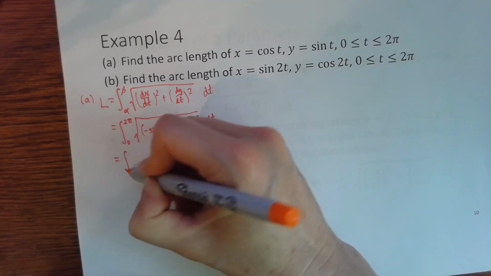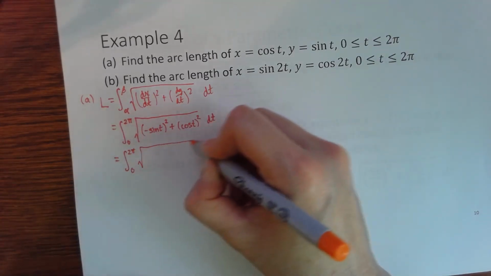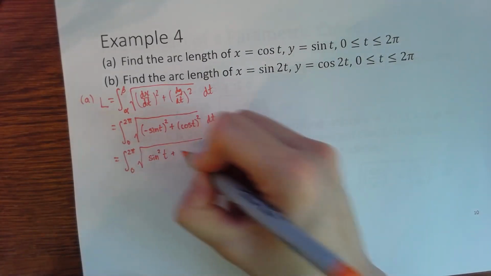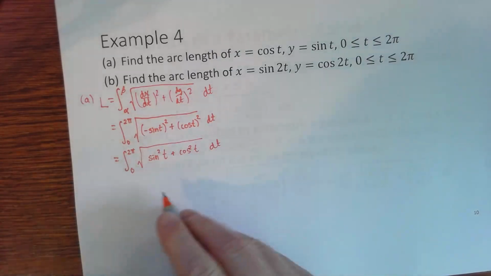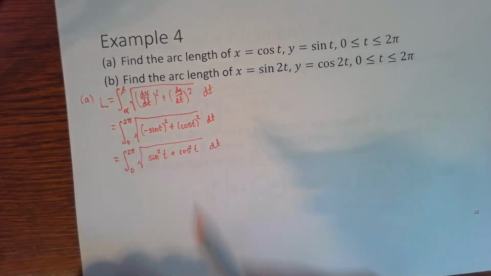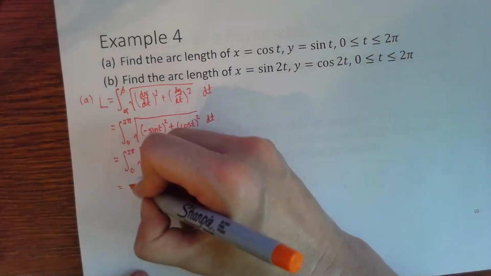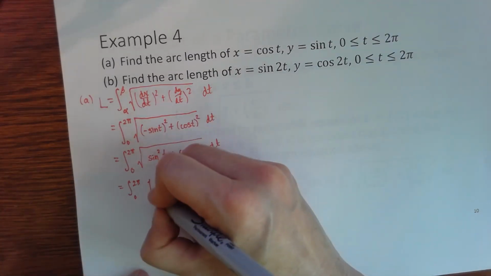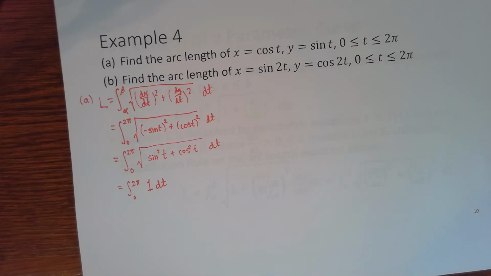Okay, so we've got from 0 to 2 pi of, and then this is sine squared t, and this is cosine squared of t. And we know that sine squared plus cosine squared is just 1. So we've got the square root of 1, which is just 1. So we've got the integral from 0 to 2 pi of 1 dt.